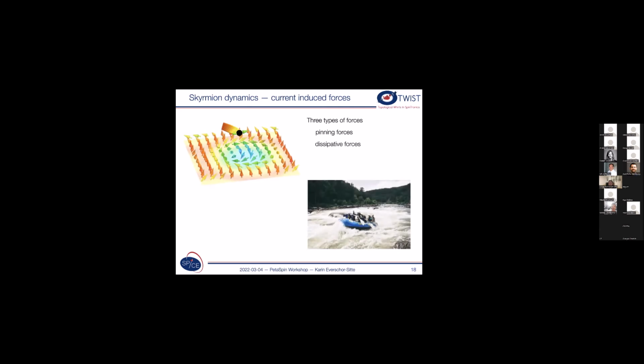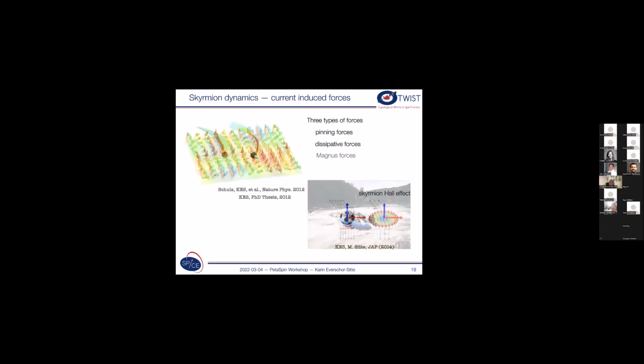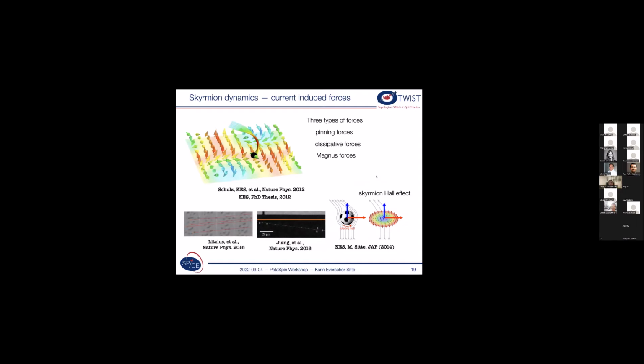The second one are dissipative forces, meaning that what you feel when you are on a boat in a river, that you're just dragged along with the current. And the last one are the ones that are called Magnus forces, and which became famous in this field as the Skyrmion Hall effect. So for Skyrmion lattices, they have been found already quite early on, and for single Skyrmions, they have also been found, the Skyrmion Hall effect, at least now 6 years ago.